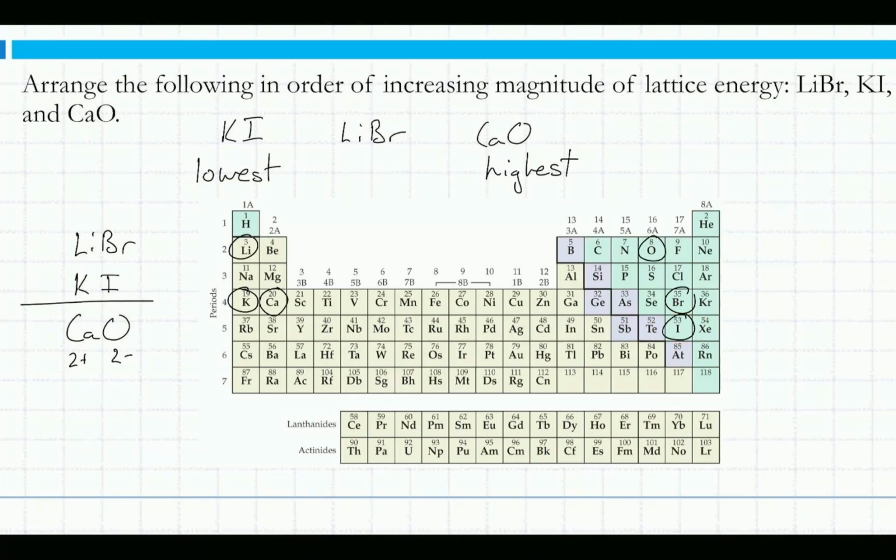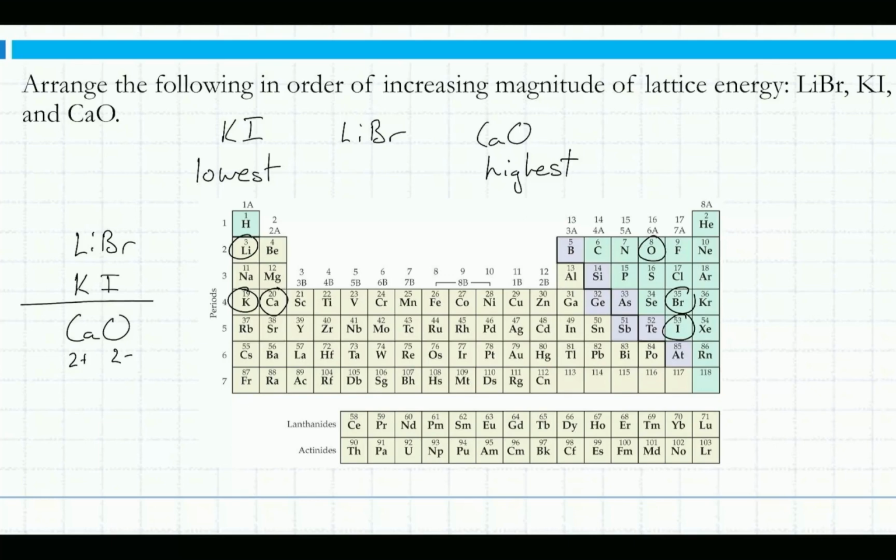You need both. So how would you use size for it? Sorry, I was thinking about size. How would you be able to reduce the charges? The charges for something like calcium and oxygen, you should be able to just figure those out. So you have to think about both of those things. I guess charges first.